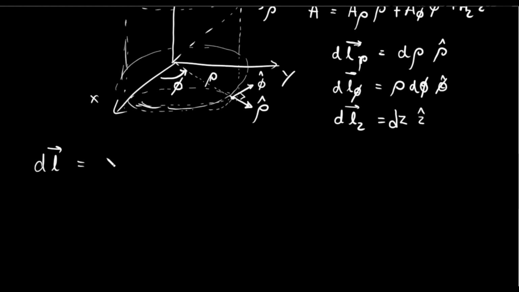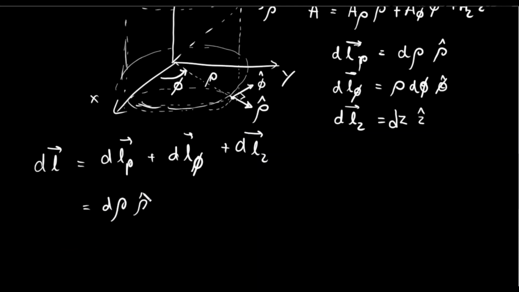So now we have dl rho, dl chi, and dlz. Now I can write d rho rho hat, rho d chi chi hat, and we can write dz z hat. So this is going to be my infinitesimal displacement for the vector that we are considering.